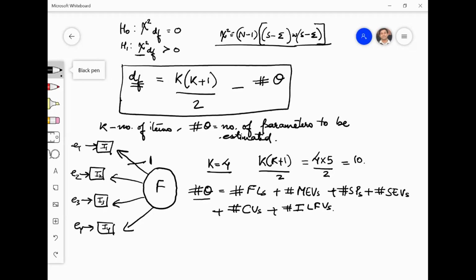So what is hash theta here? Let us look at it. How many factor loadings? The factor loadings are 3.